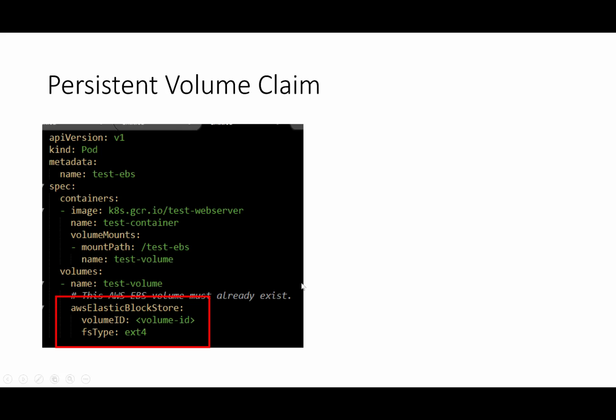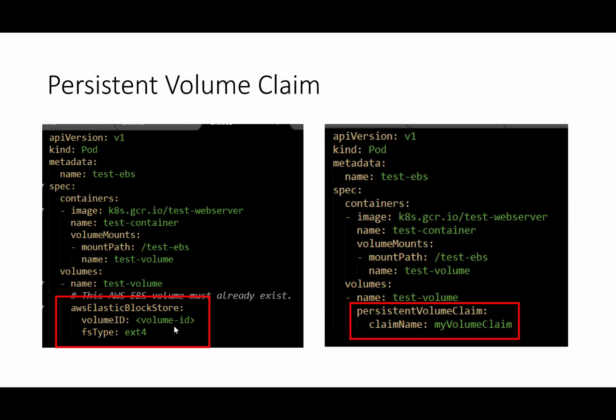So this is what we saw in the previous slide. Again, this information is too technical and the developer should not concern himself with this level of technical detail. So in order to abstract this, instead of providing all these technical details, you just provide what is called the persistent volume claim.